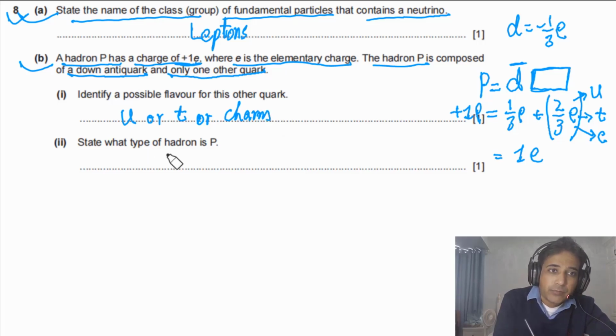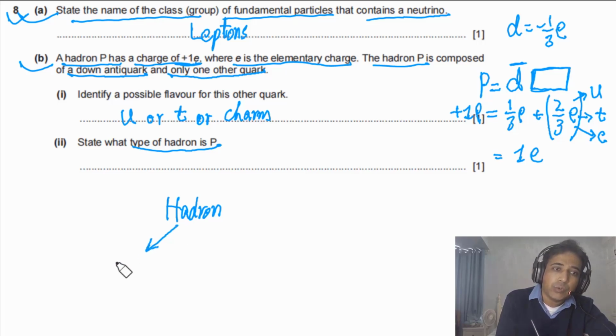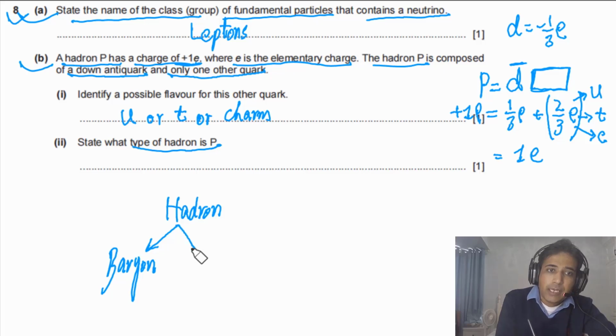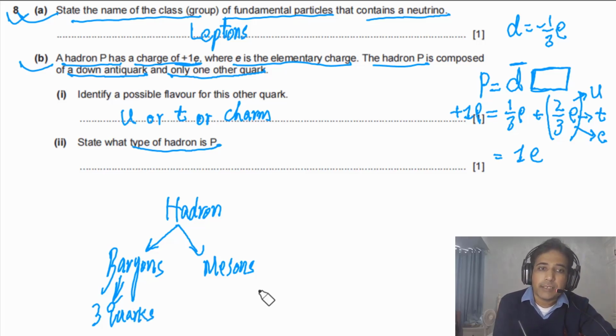For the second part, we need to state what type of hadron it is. So we need to understand that hadrons can be classified into baryons and mesons. Baryons consist of three quarks, or antiquarks, meaning they consist of three particles.